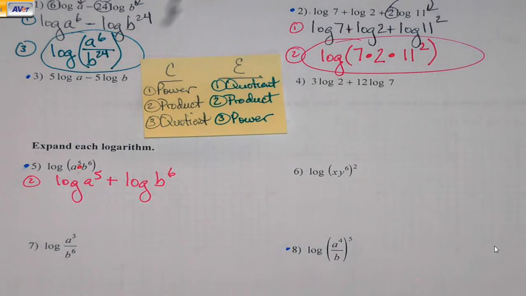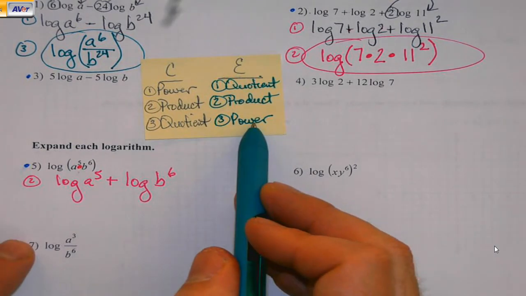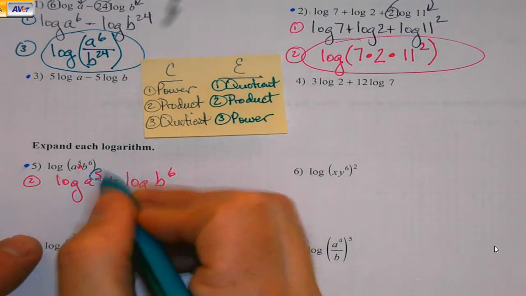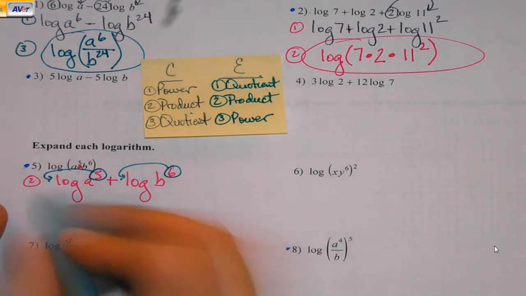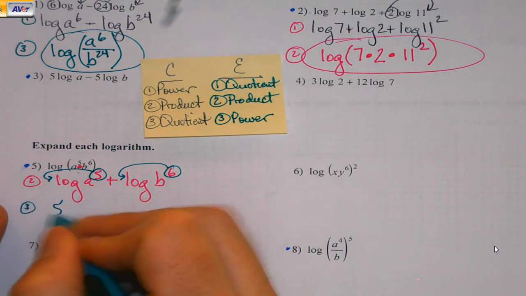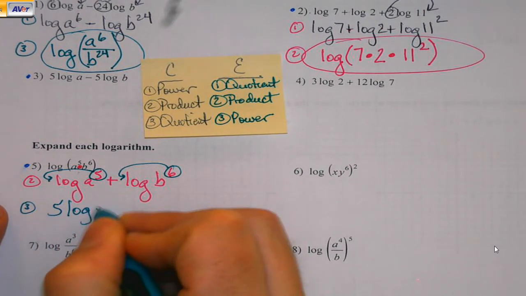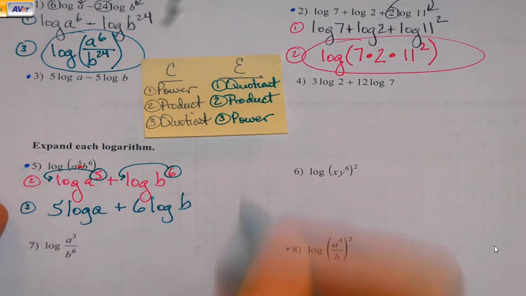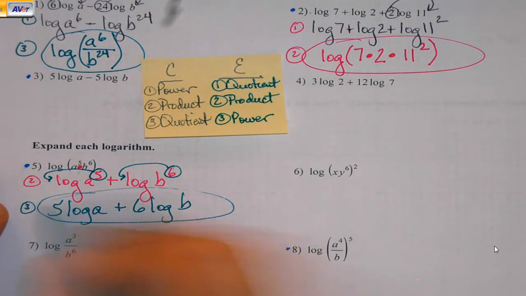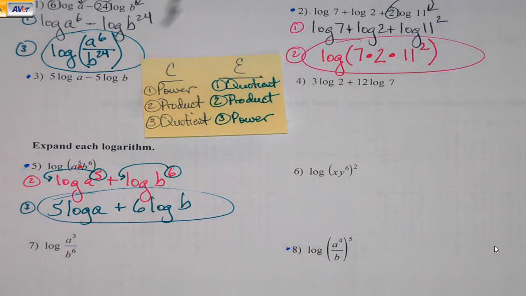Finally, I get to the last part, power. Do I have any exponents? I do. Those become coefficients. The nice thing about doing them in this order is that when you get to the third one, you're just done. You're not having to sit there and wonder, did I forget a part? Is there another piece I can still do?